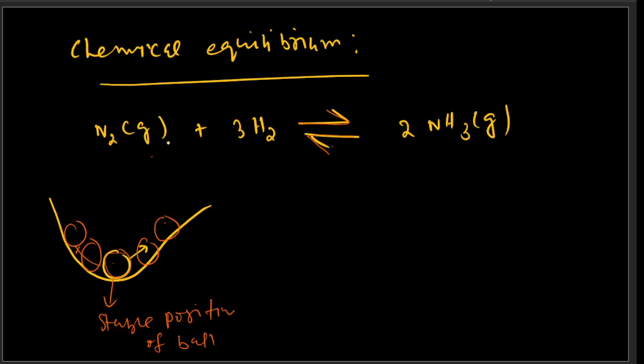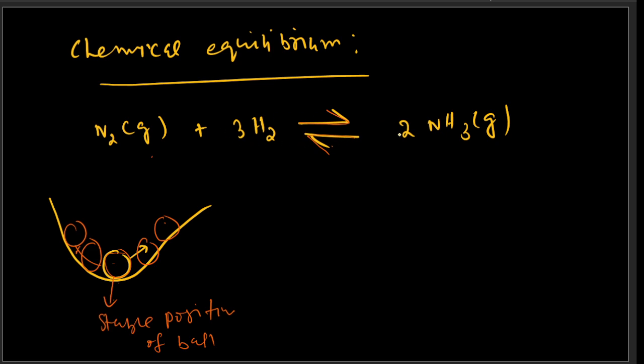Similarly, here nitrogen and hydrogen combine to give ammonia, and ammonia after that decomposes to give nitrogen and hydrogen, and at some point they come to a point where net formation or decomposition of ammonia is not happening, and they achieve the equilibrium point.